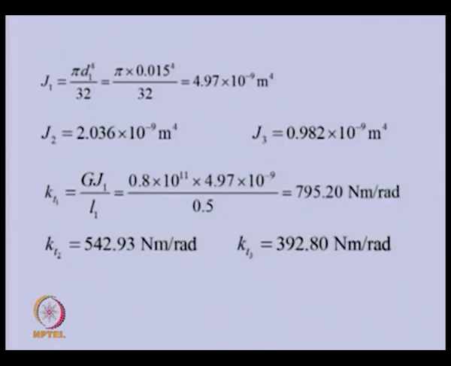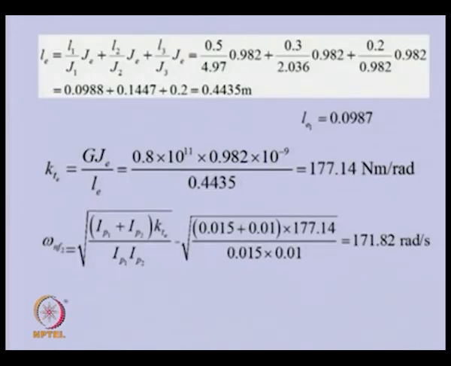So various geometrical parameters from the geometry of the shaft can be obtained: torsion of the first shaft segment, second shaft segment, third shaft segment, because they have different steps. So once we have these, we can obtain the equivalent length of the shaft corresponding to one of the shaft diameters, which we have taken as the third one.